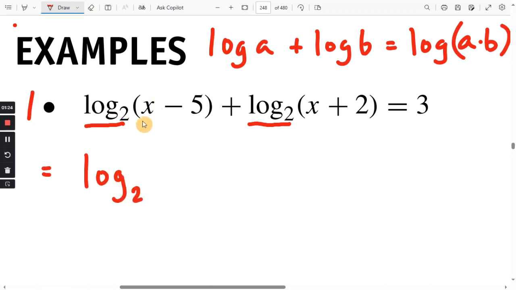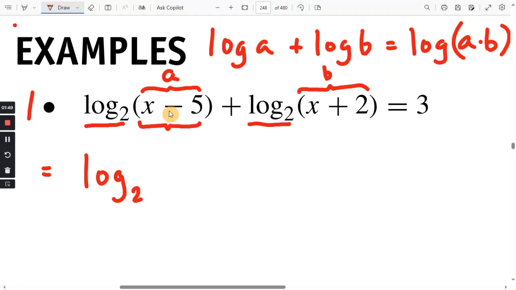This argument right here is your A, and this argument right here is your B. The argument is the thing you're taking the log of. So log A plus log B is just going to be A times B.